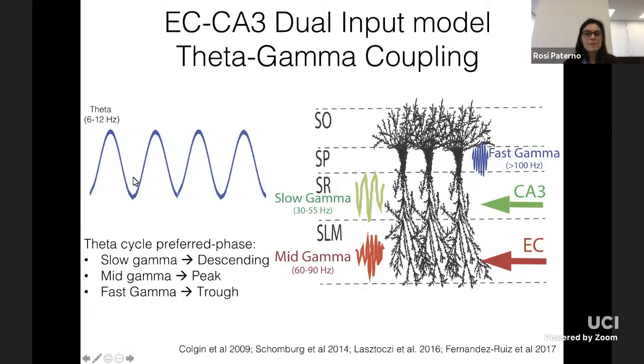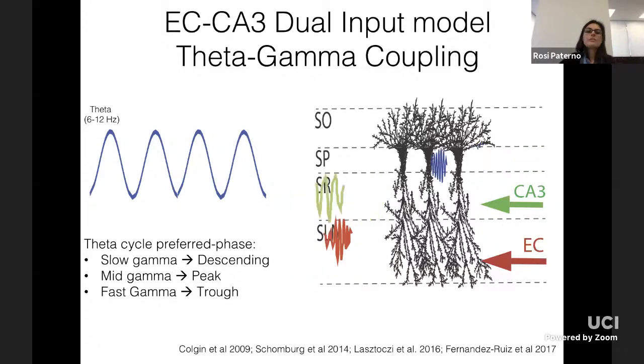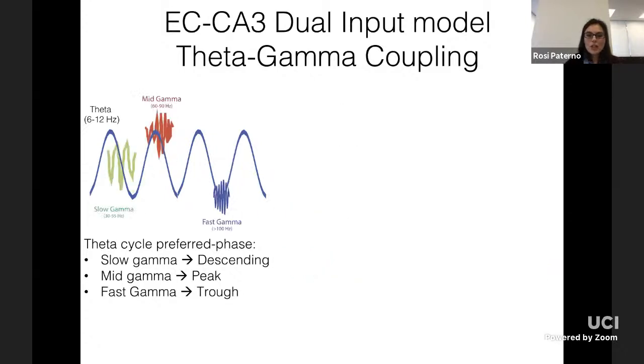The theta cycle is thought to be a temporal window in which the input from the upstream regions, so CA3 and entorhinal cortex, through gamma activity, will be higher at preferred theta phases. In particular, slow gamma will be higher at the descending phase of the theta cycle. Mid gamma will be higher at the peak of the theta cycle, and fast gamma will be higher at the trough of the theta cycle.